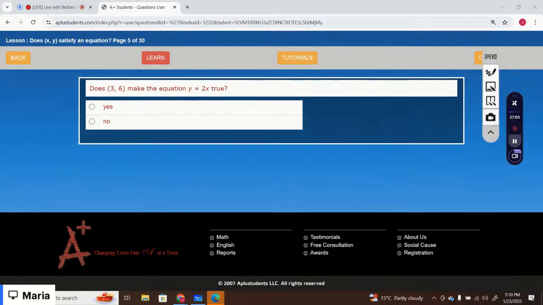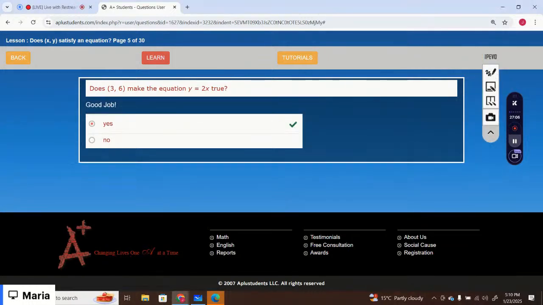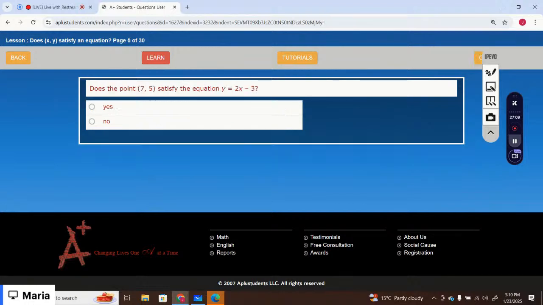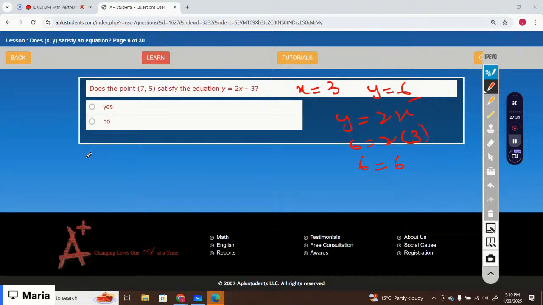The correct option is yes. You don't have to think, you have to solve. Use your notebook and pencil. Do not do it orally.